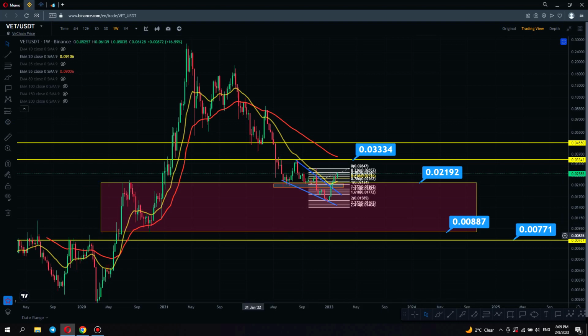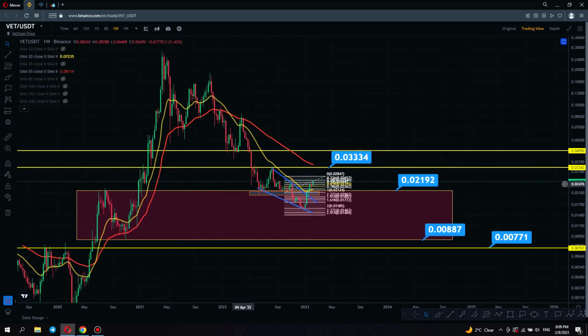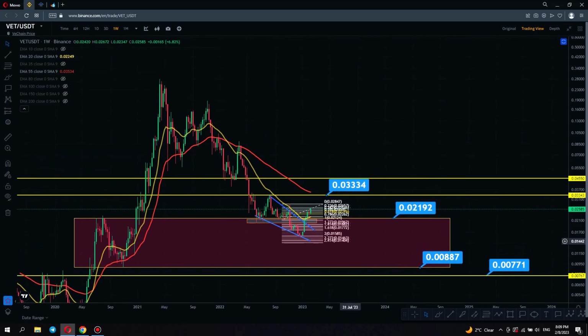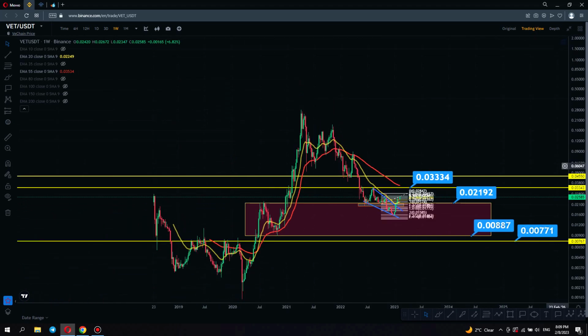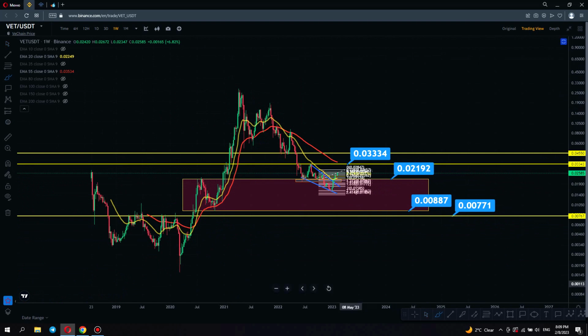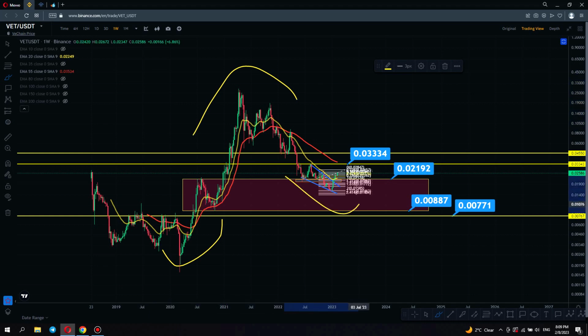So below 1 cent even was this support block setup, or the bottom of the support block. We did not go that deep, obviously, and I don't think we're going to be retesting that. And we're overall printing a healthy higher low. You have this high, this low, this high, and then you have a higher low. So this is quite a healthy trend we've got here for Vechain.